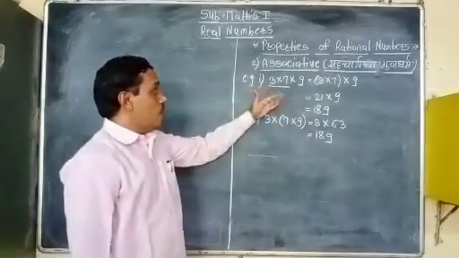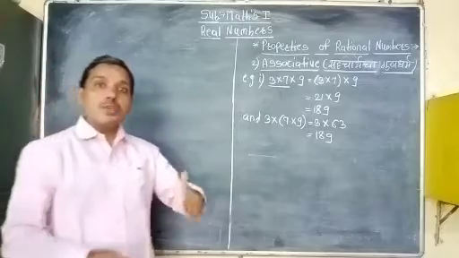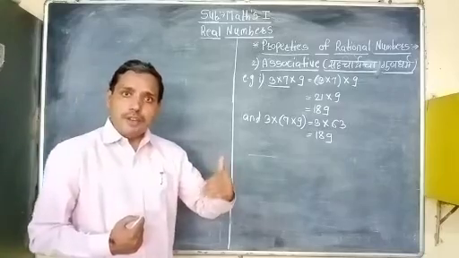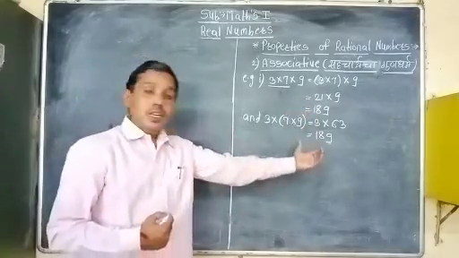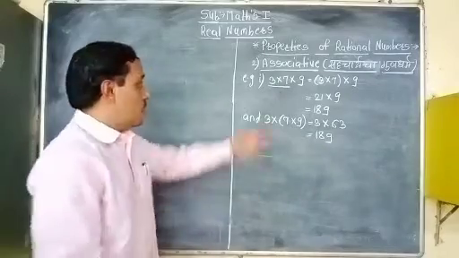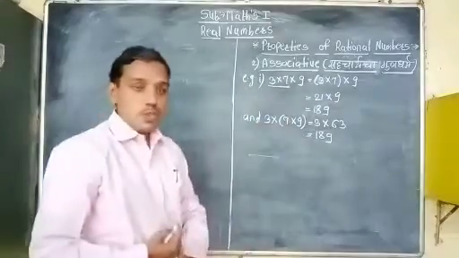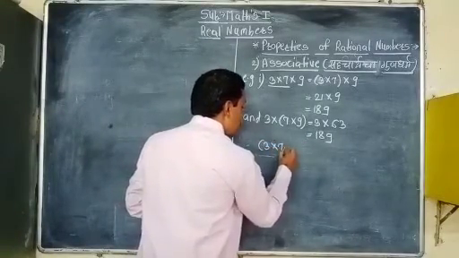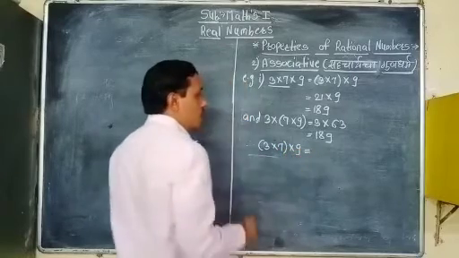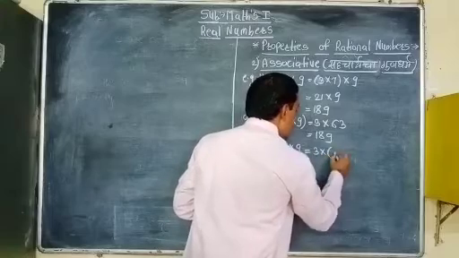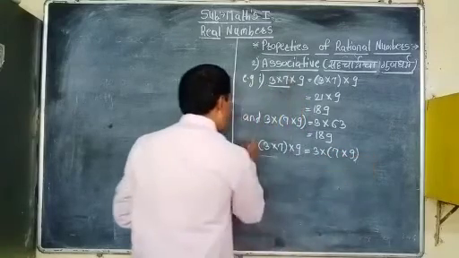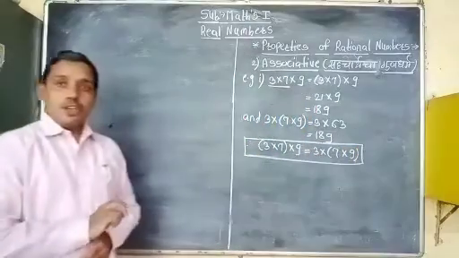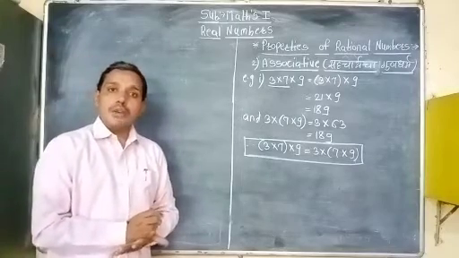That means if we interchange the grouping among 3 rational numbers, the product is never changed, each and every time. That is why in the multiplication process, bracket 3 into 7 into 9 is equal to 3 into bracket 7 into 9.